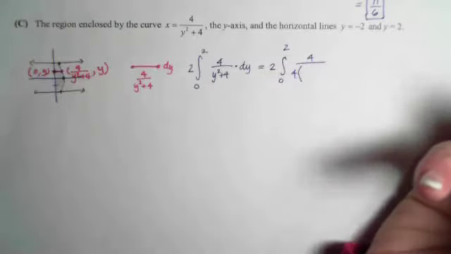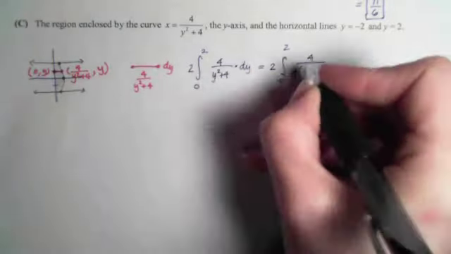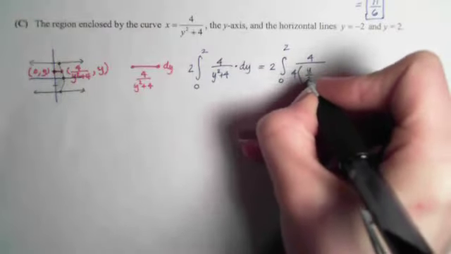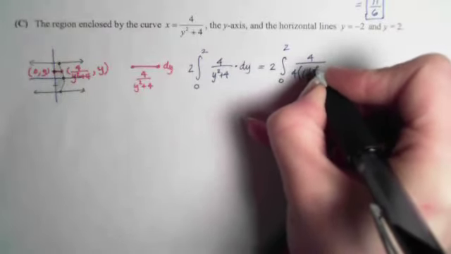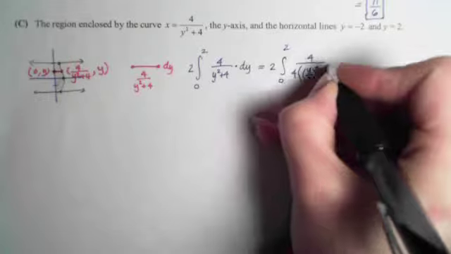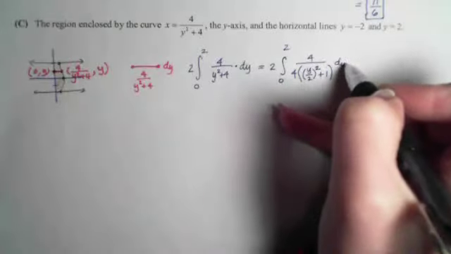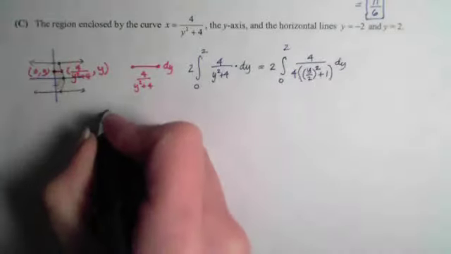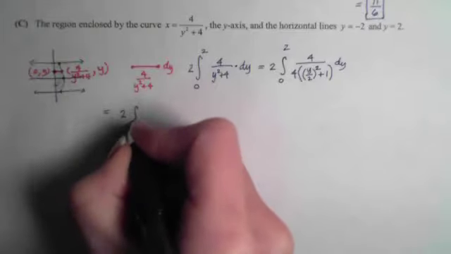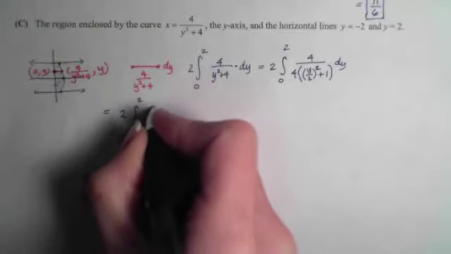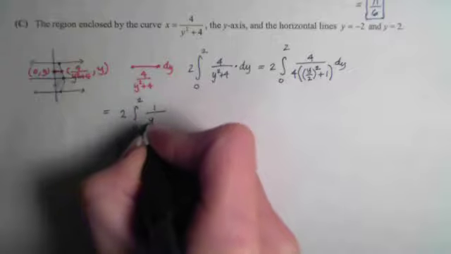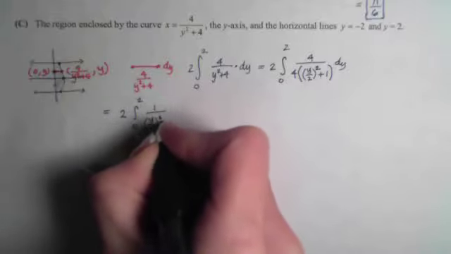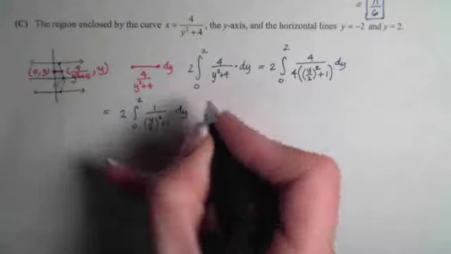When I factor a 4 out of the bottom, I'll have a y squared over a 4, which is the same as a y over 2 that has been squared, plus 1. These 4's will now cancel, and I'll have a 2 times the integral from 0 to 2 of a 1 over a y over 2 squared plus 1 dy.